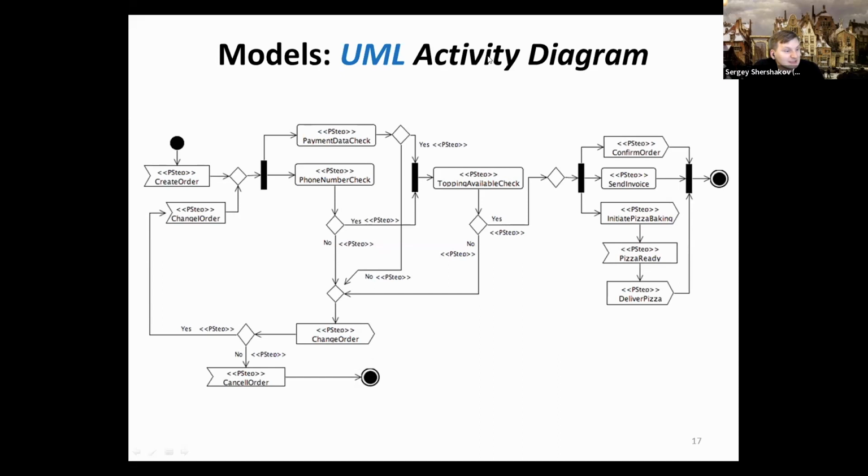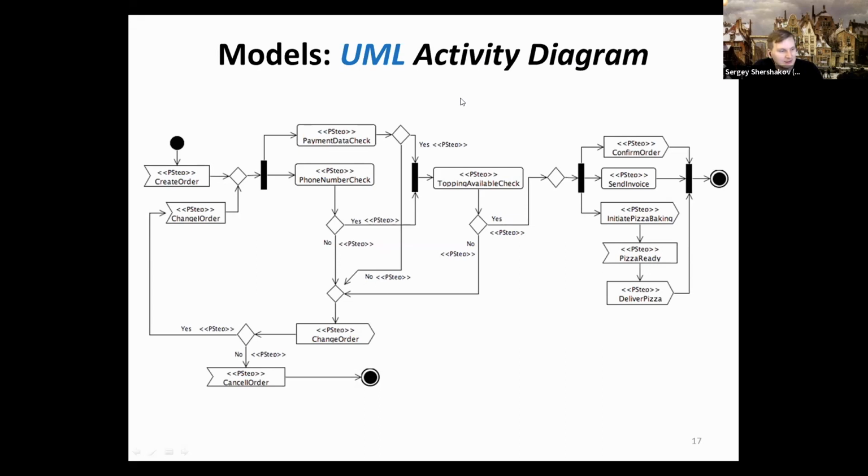And we start with the activity diagram. We would like to simply touch on which sort of models we have. We start with the UML activity diagram because it is almost nothing else than what we have seen previously.